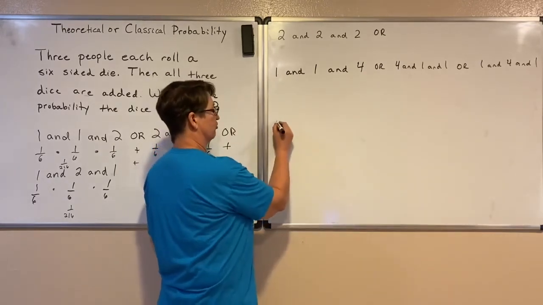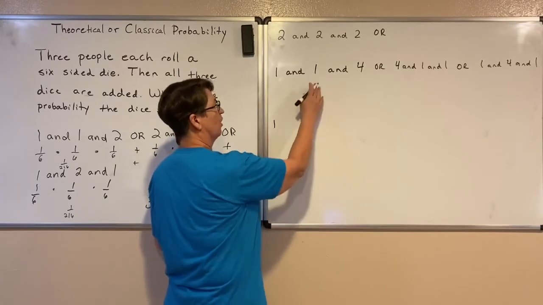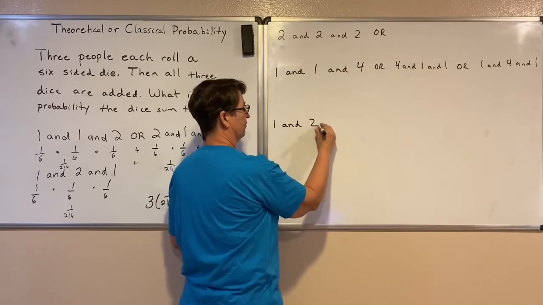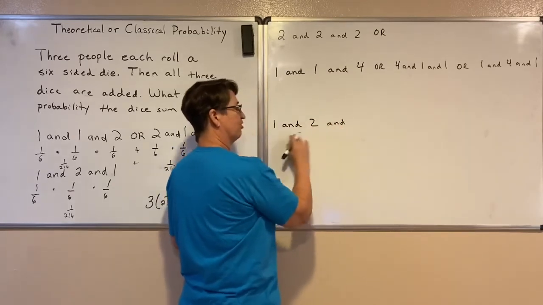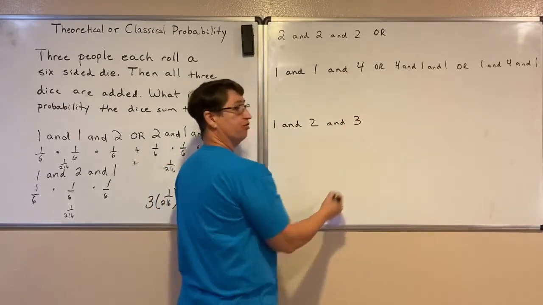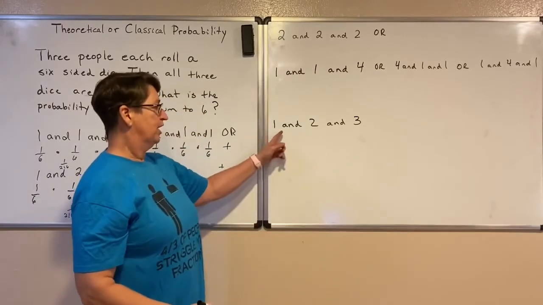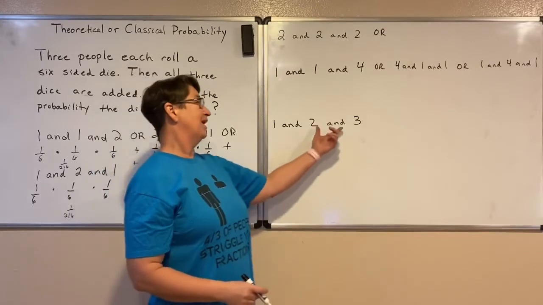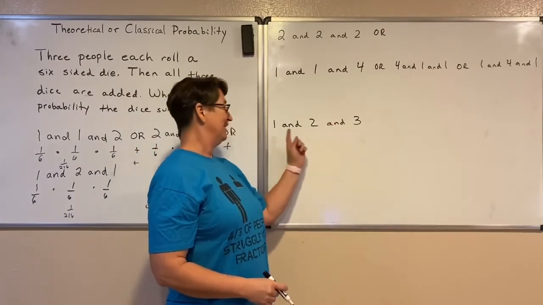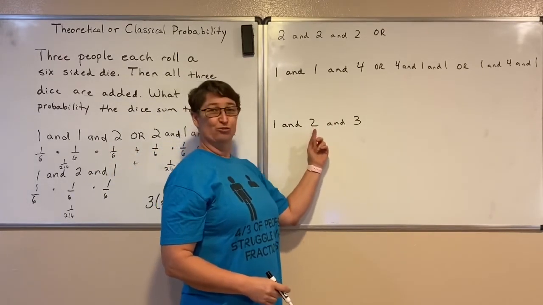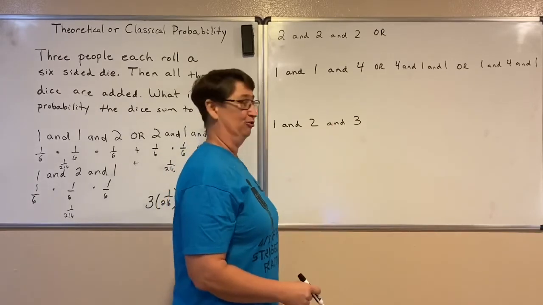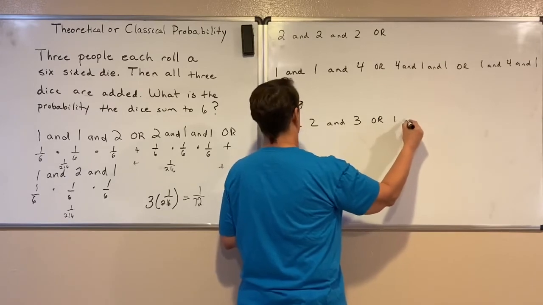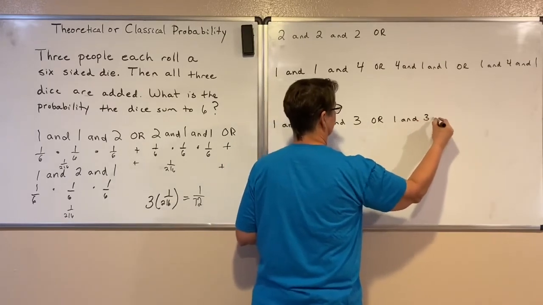We said the first one rolled a 1, but what if the second one, instead of rolling a 1, rolled a 2? Then that would mean the third one would need to roll a 3. So we have a 1 and a 2 and a 3. But maybe they do it in the opposite order. Maybe he still rolls a 1, but the second one rolls a 3 and the third one rolls a 2. So that's another way that they could get a sum of 6.